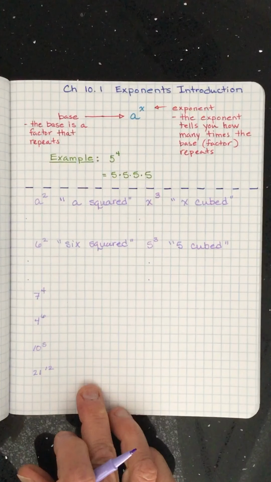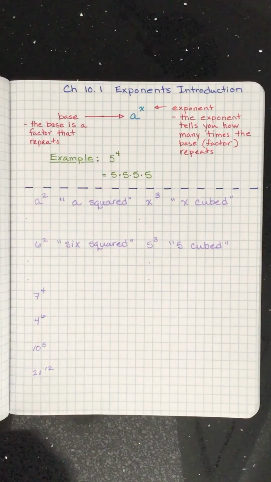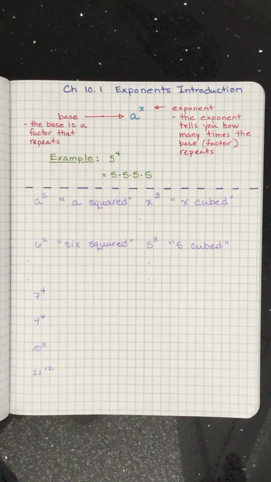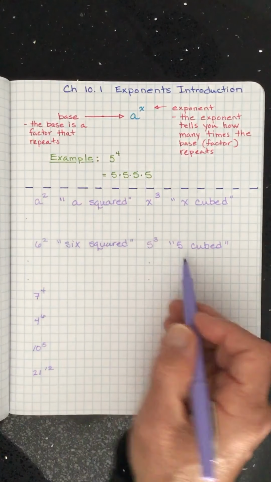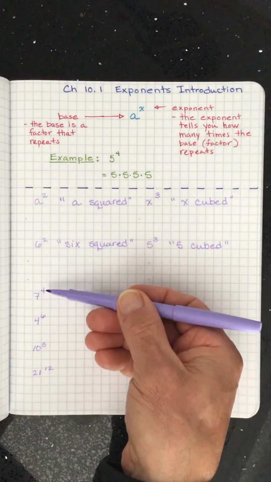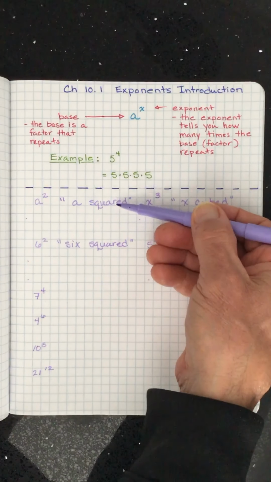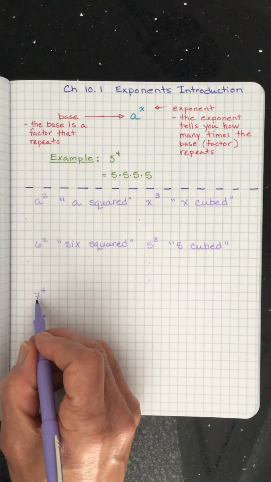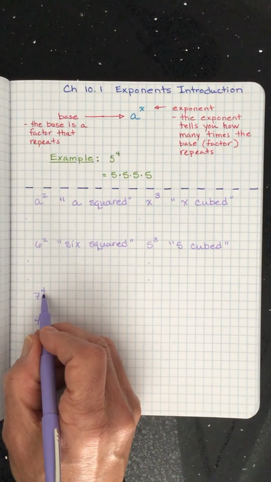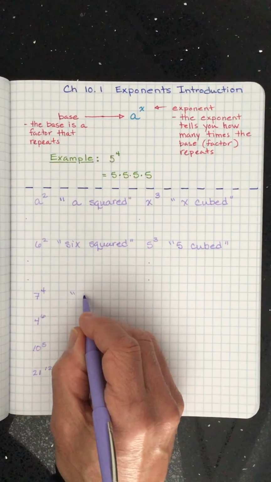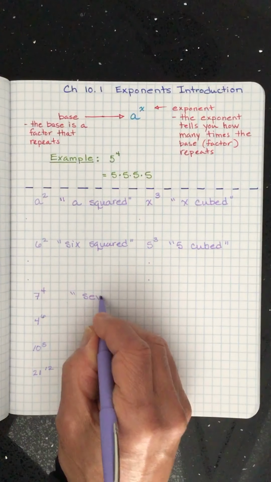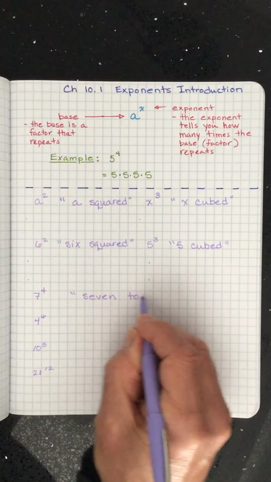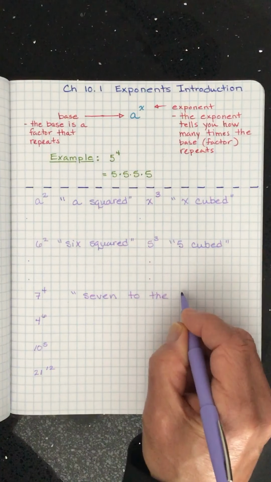So I have 4 more examples right here. If you want to, you can go ahead and use your pencil and try to write these out first. We're going to basically write things like this, except these don't have a 2 or a 3, so we're not going to be using the words squared or cubed at this point. So this is, the base is 7, the exponent is 4, so this is going to be 7 to the 4th.